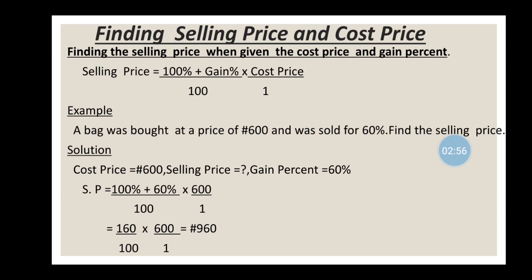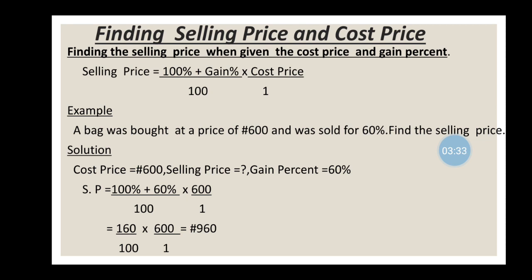The other ones are finding the cost price when given the selling price and gain percent, and finding the cost price when given the selling price and loss percent. That makes 4 directions, so we are going to be looking at 4 different formulas, in addition to the 2 other formulas we looked at on Monday, gain percent and loss percent, to make 6.